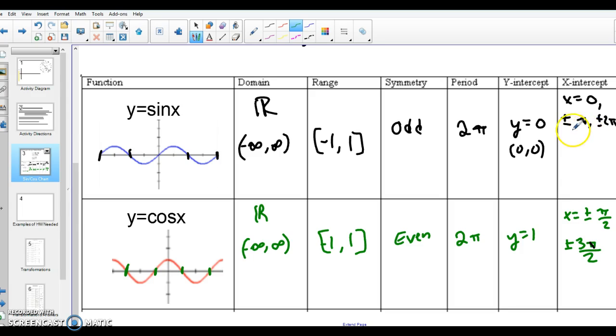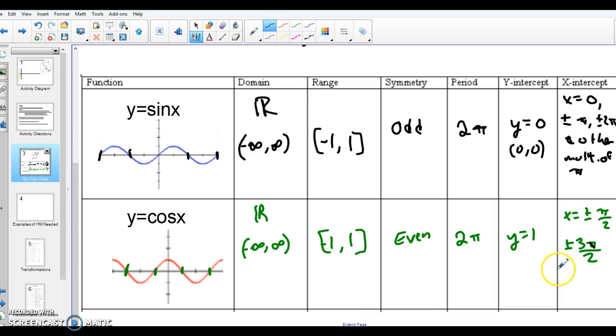So, for instance, you could describe the x-intercepts for sine as being every multiple of pi.